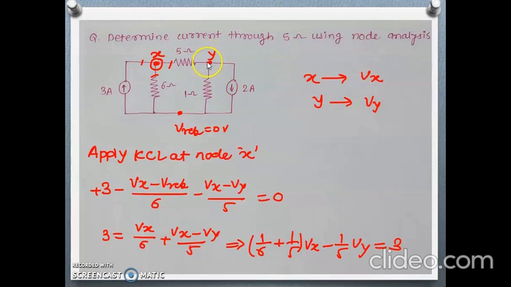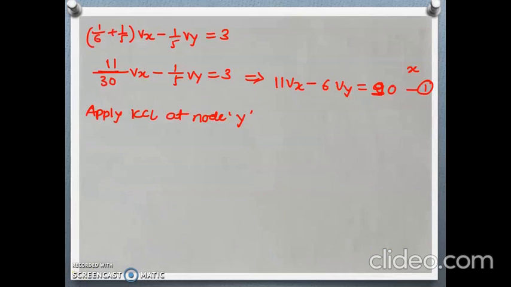So the current flowing through this branch will be (Vy minus Vx) divided by 5 plus Vy divided by 1 plus 2 ampere equals 0, because all are outgoing currents.